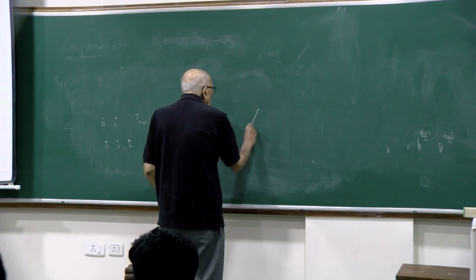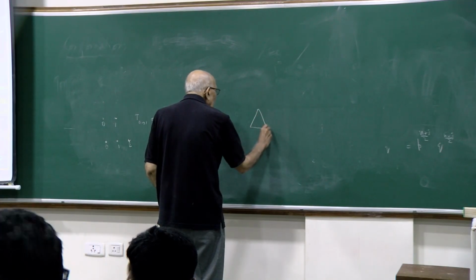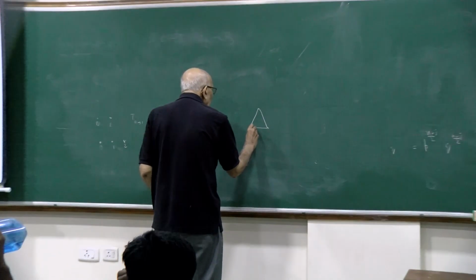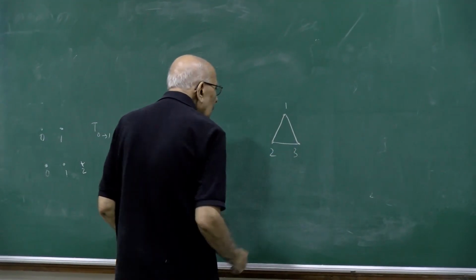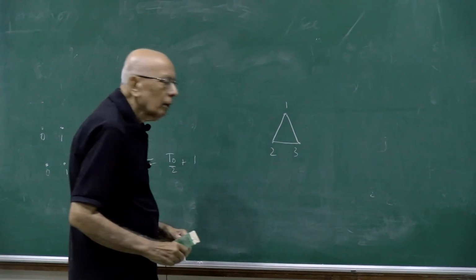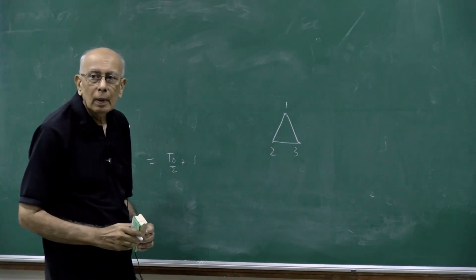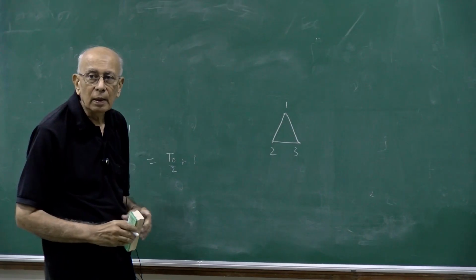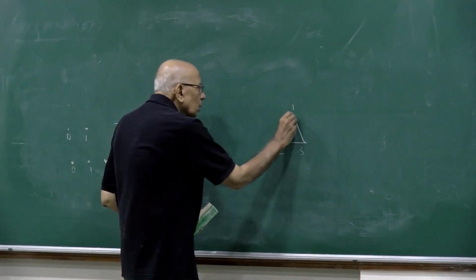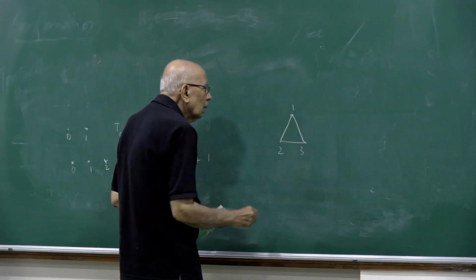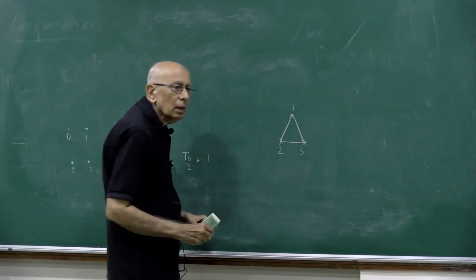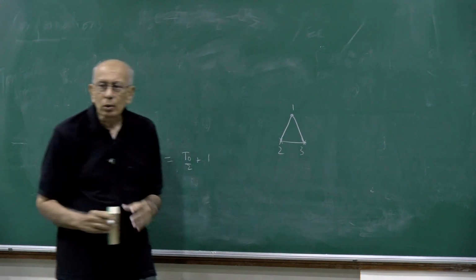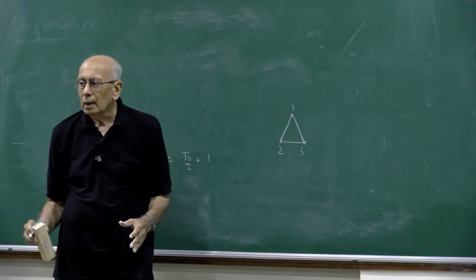So you have a triangle, unit side, and you have a random walker on this triangle. So the walker starts at this point, 1, and has to hit either 2 or 3. These are traps. When he hits either 2 or 3, the walk ends.